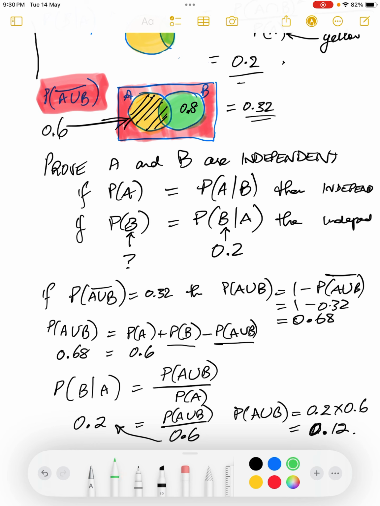Great. So we now know this is 0.12. Therefore, we can find the probability of B.